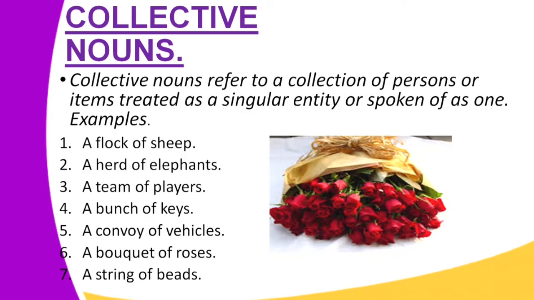Let's talk about a flock of sheep. This could be 6 sheep, 9 sheep, 12 sheep, but it is being treated as a group or one entity. When we talk about a convoy of vehicles, they could be 3 vehicles, 6 vehicles, or 10. But we don't talk about them as if they are many, we treat it as if it's one.